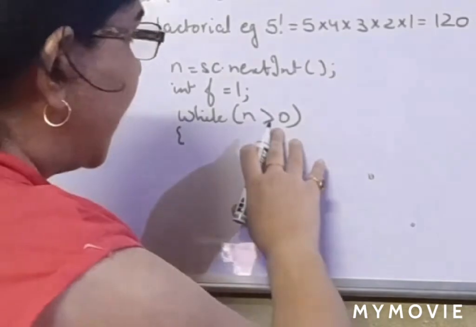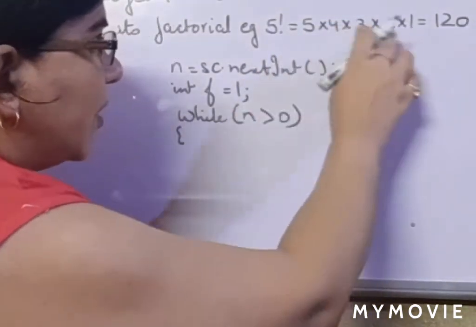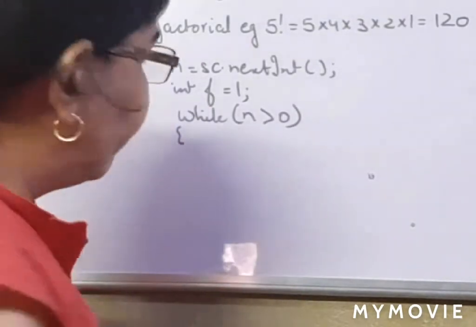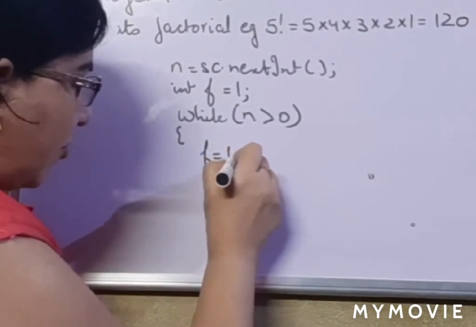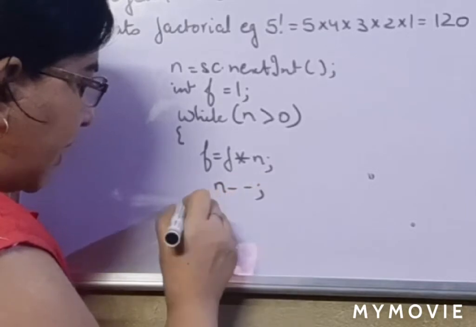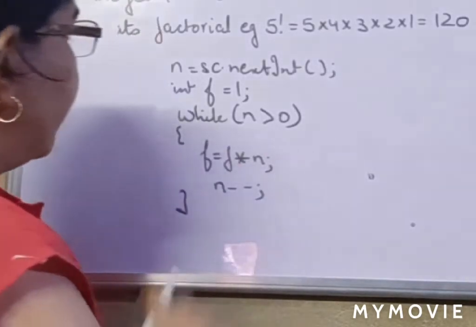While n greater than 0 means we have to keep on decreasing 5 till it becomes 0. When it becomes 0, it should stop. Here we are writing f is equal to f into n minus minus. What this logic is doing, let's see.